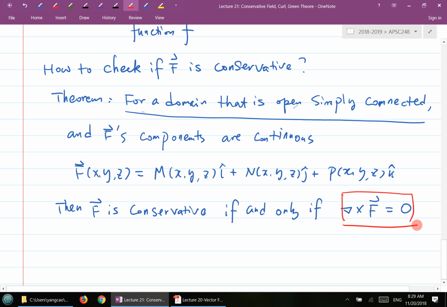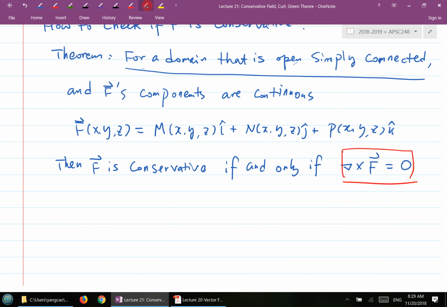Now this is a brand new symbol. Del cross F, and we have a different name for it, which I'll tell you very shortly. So what's del cross F? First of all, let's go back to this del. That's the gradient operator, basically just like a derivative operator. Del itself is an operator.